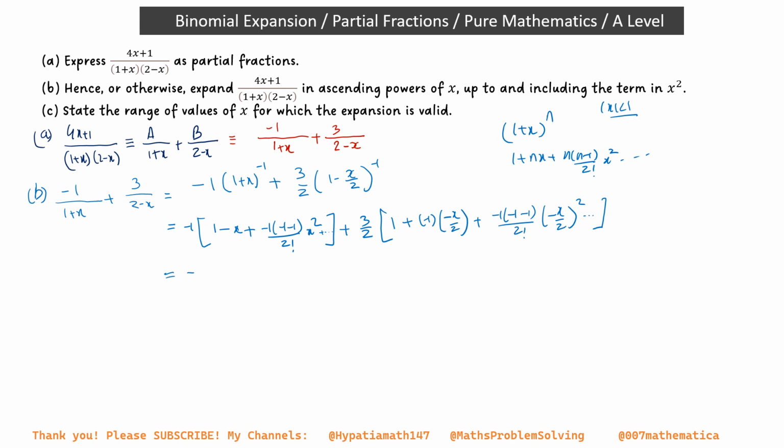So that is minus 1 multiplied by 1 minus x, and then here what happens is you have minus 1 times minus 2 out of factorial 2 is 2, so the 2 and 2 get cancelled, and I am left with plus x square.